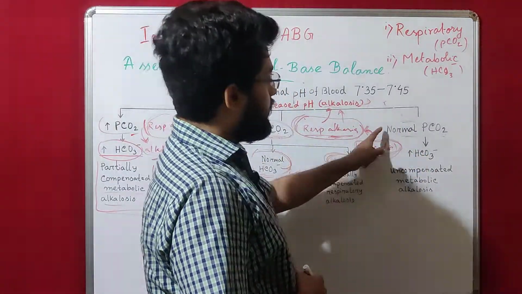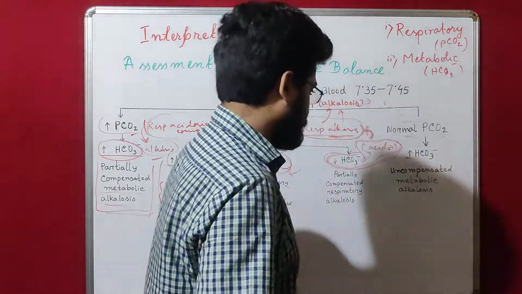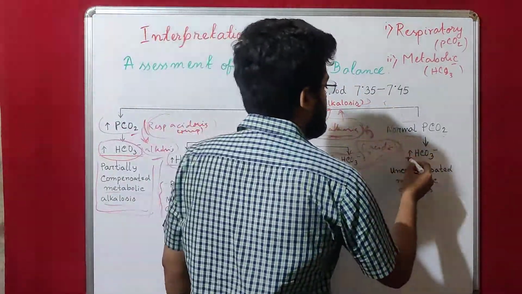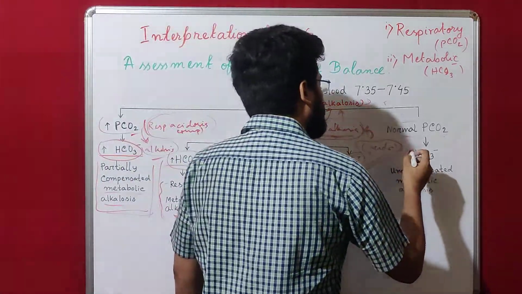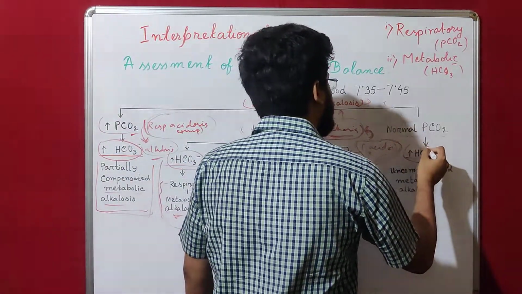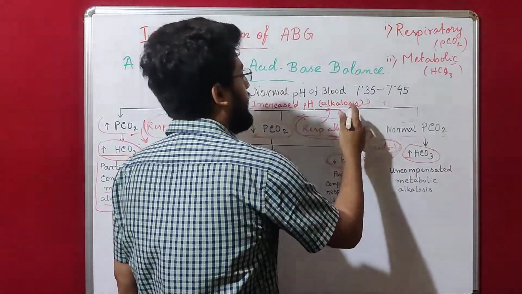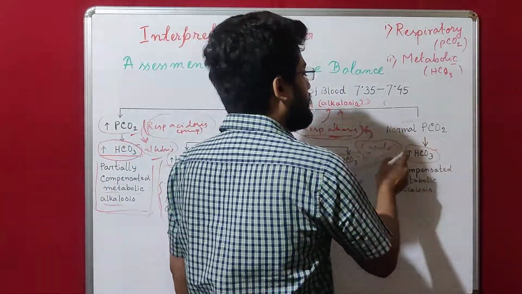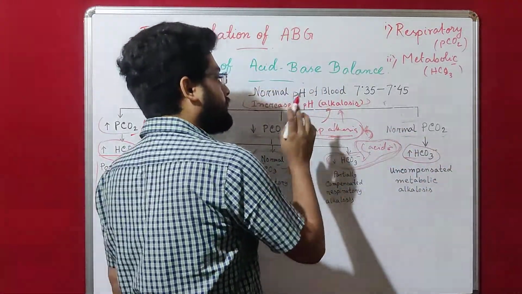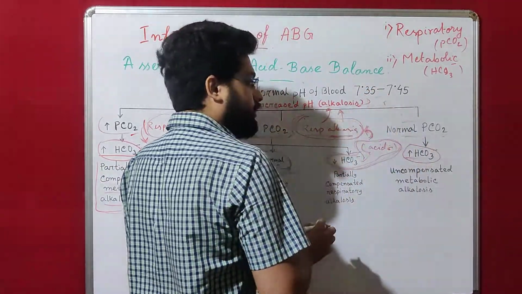So again we will have to check the bicarbonate concentration, and here is only one chance, that is the bicarbonate level is increased. Because if the bicarbonate level is not increased, the alkalosis is not possible. Normal PCO2 and normal bicarbonate level cannot cause alkalosis. Then the pH level will be in the normal range.